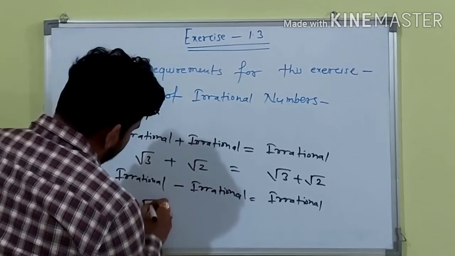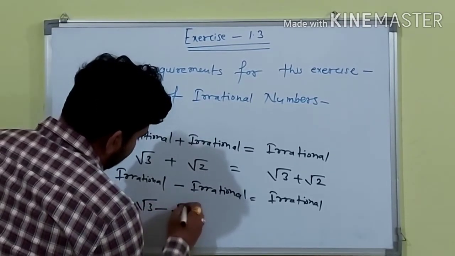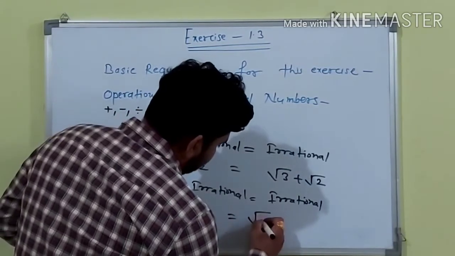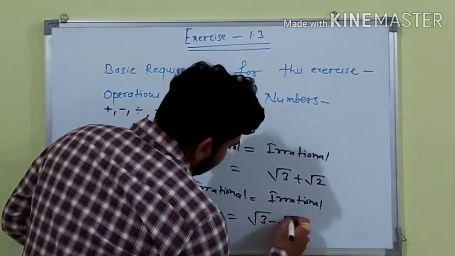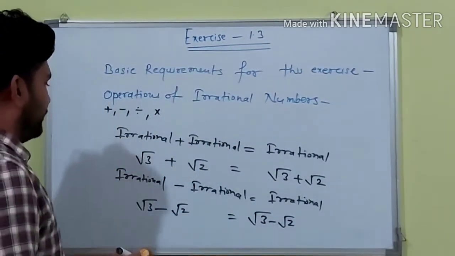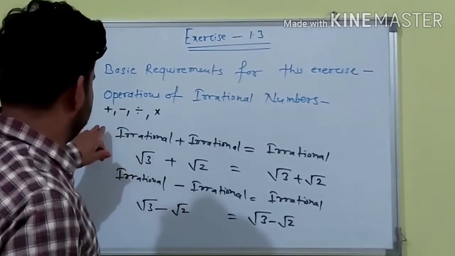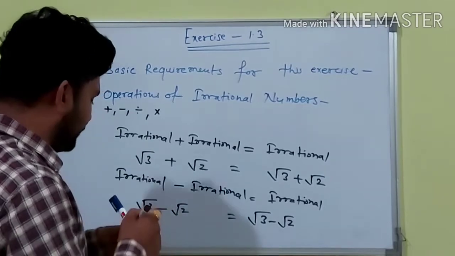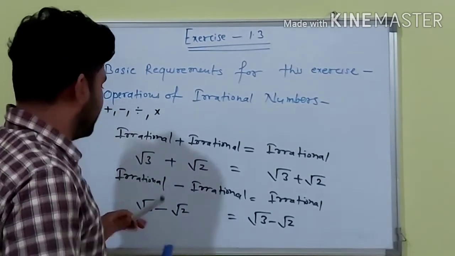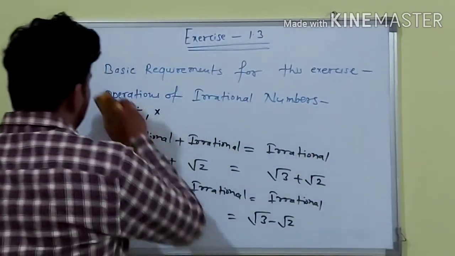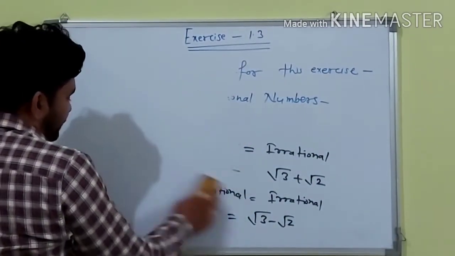That is, we can say that under root 3 minus under root 2 is equal to under root 3 minus under root 2. Division and multiplication are similar, but there is no requirement for them here, that is why we can't discuss them. Okay, we can directly come to our exercise.